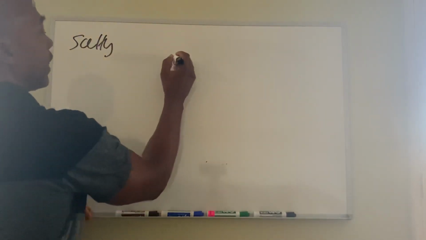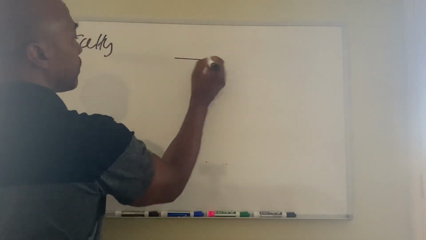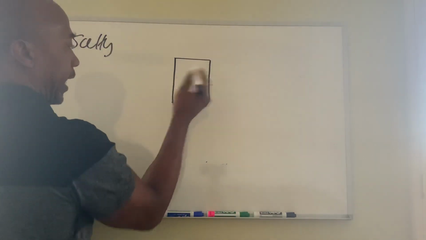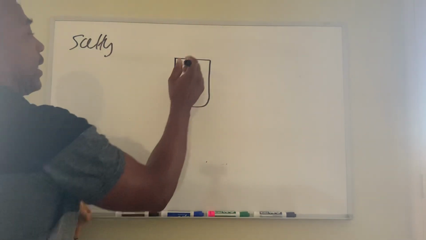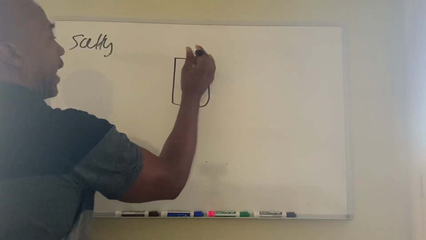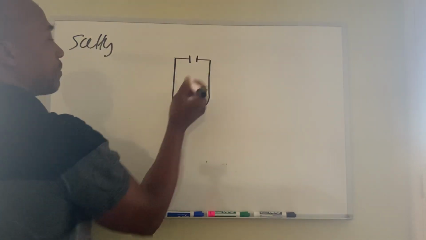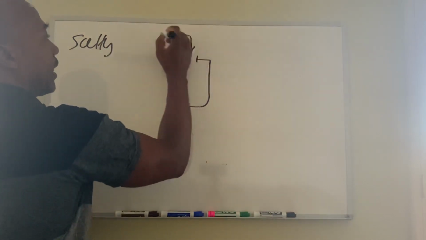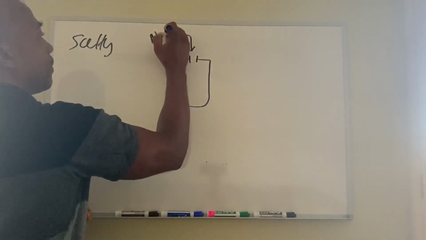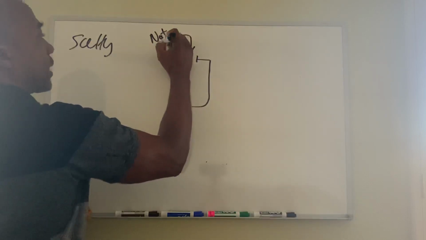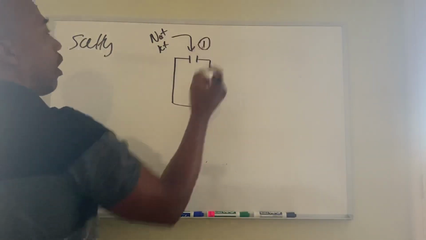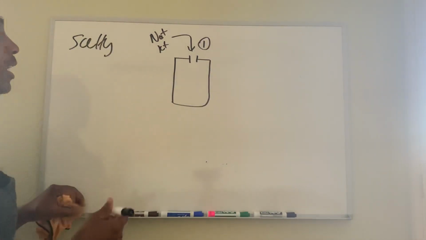If this is your taste cell in, say, a taste bud, this taste cell will have gates on it, and these gates will let in sodium or potassium. So that's step 1, entry of ions into the taste cell.